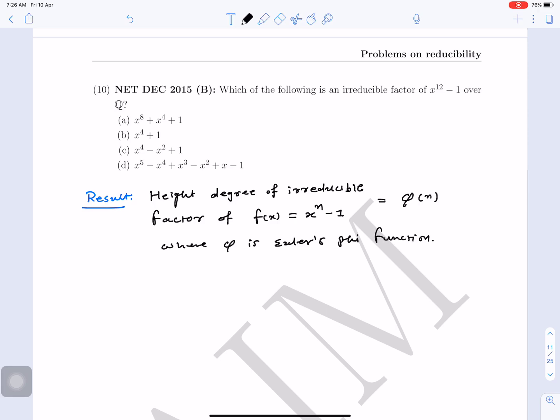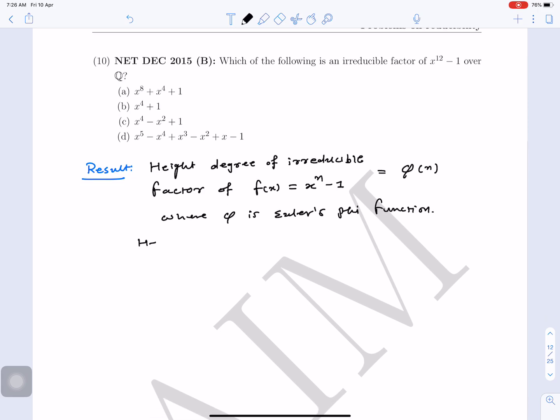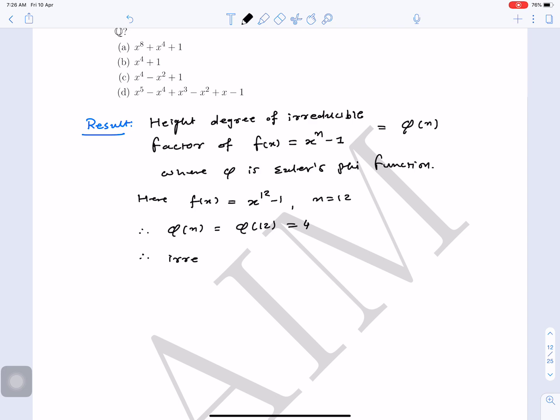If I use this result, here f(x) = x^12 - 1, so n = 12. Therefore phi(12) = 4. So an irreducible factor of x^12 - 1 has degree less than or equal to 4.